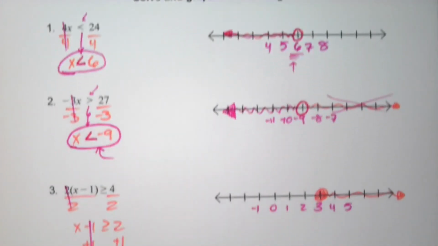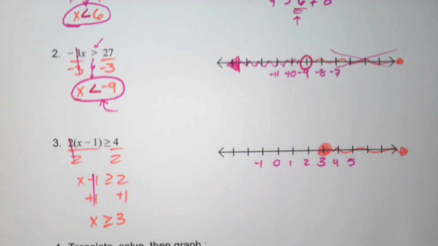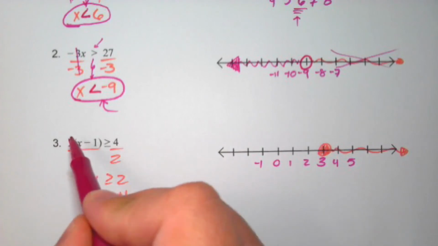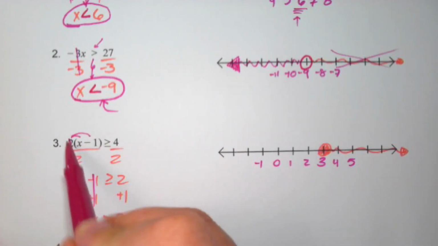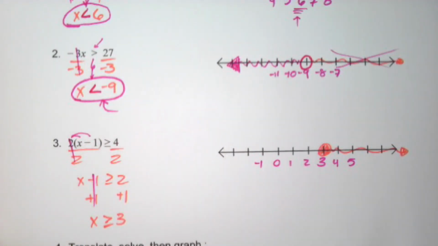Now, we look down at number 3. Number 3, you could have done 2 different ways. You could have distributed first and then solved it as a 2-step equation, or you could have seen that it was multiplication, so we could have divided by 2. Either way, you'll end up with this final form, where we want all the numbers that are greater than or equal to +3.